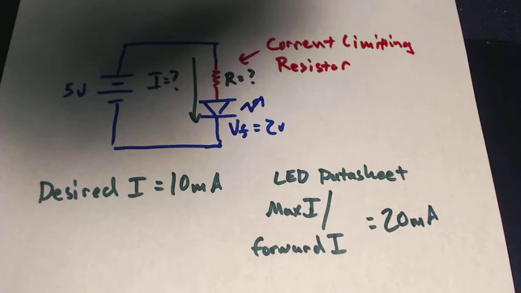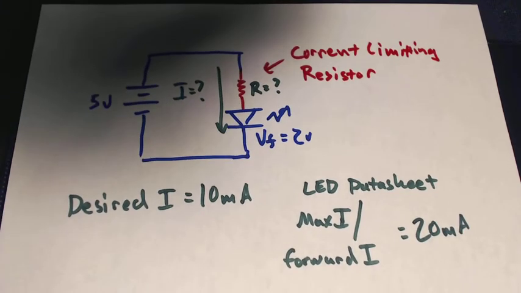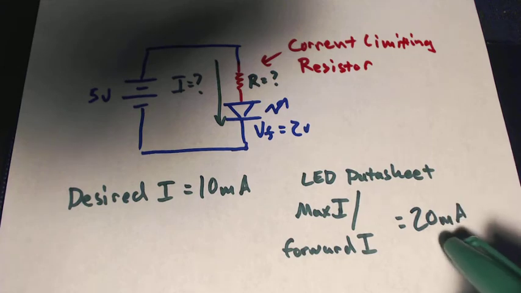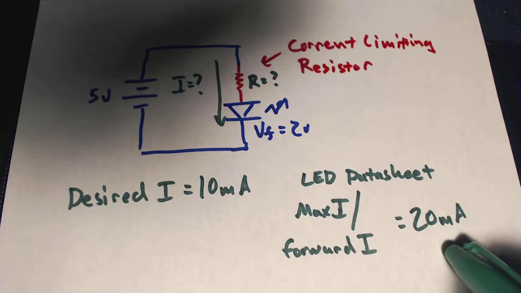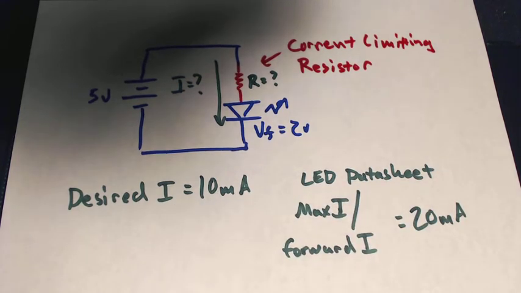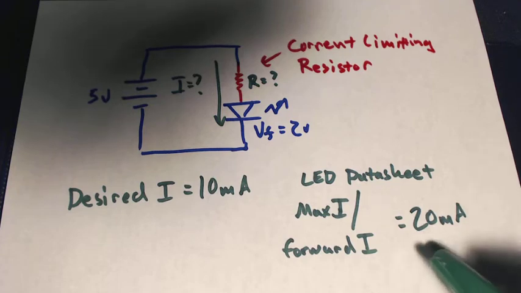So then, how do I get to 10 milliamps? Well, just because I can do something doesn't mean I should, right? I can drive this at 20 milliamps, but it's not going to have as long of a life as if I ran it at 10 milliamps. Okay, you kind of have to weigh the pros and cons here. At 20 milliamps, this LED will be brighter.